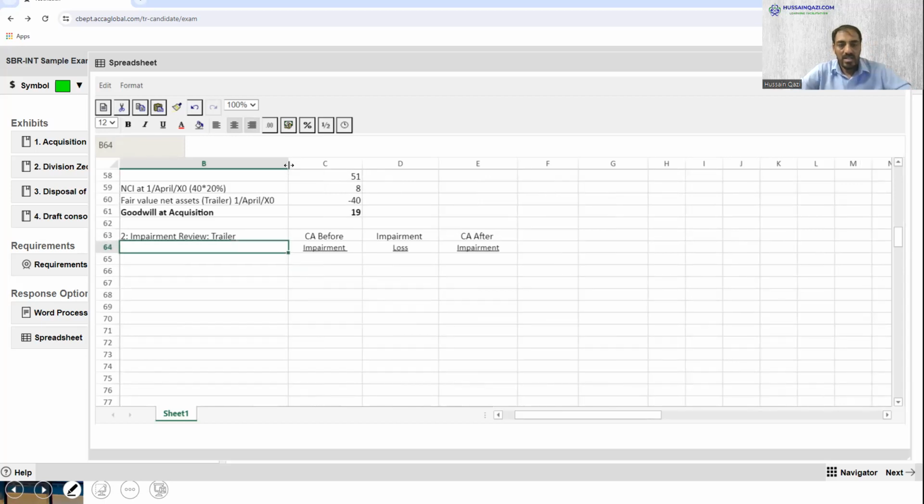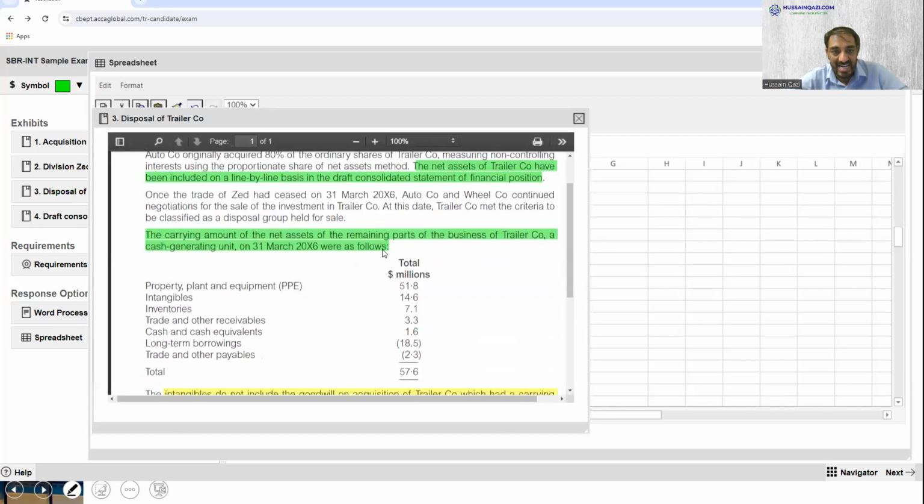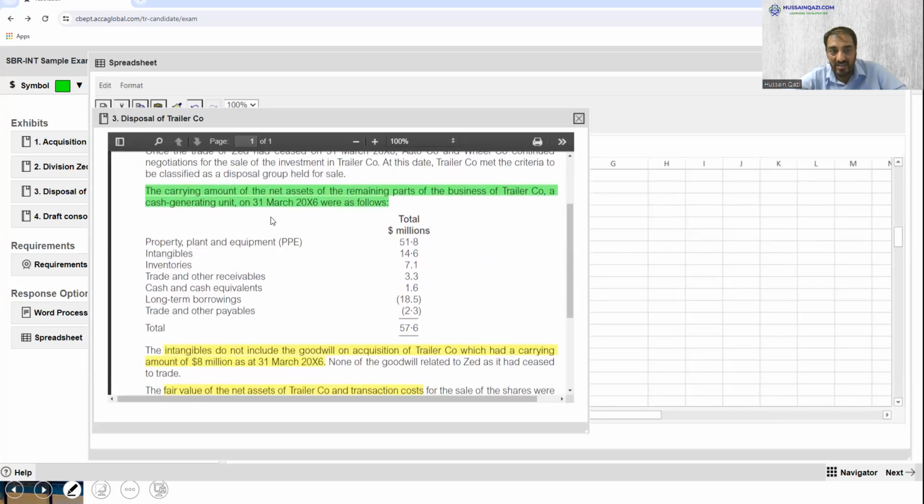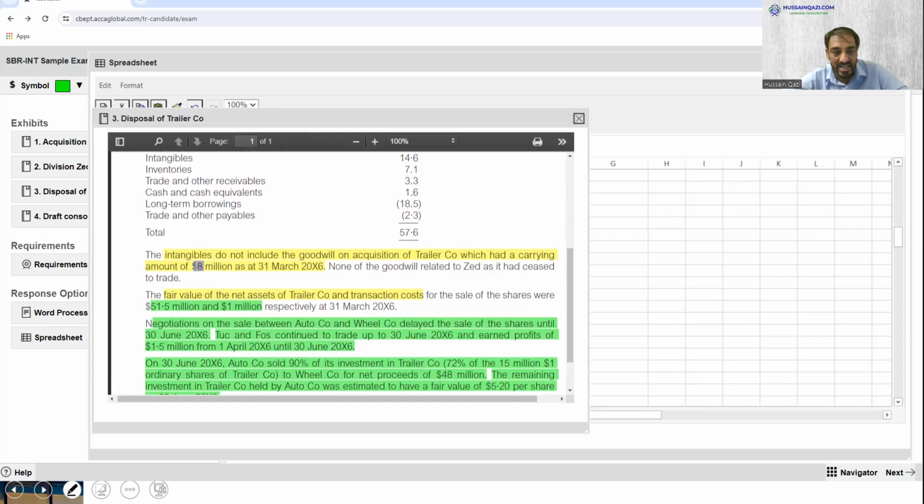Number 1, goodwill needs to be grossed up, whatever the goodwill at the reporting date, not above, because the goodwill above, this 19, is about acquisition. But here it is mentioned that at the reporting date, 31st March, the goodwill is 8.